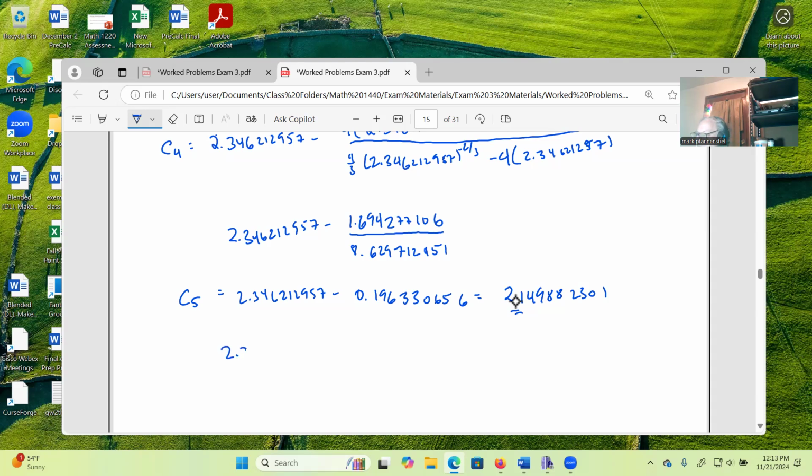We had 2.346212957 minus, and then we had this whole thing being minus, this was 0.0104, okay, 41028. It's changing in the second decimal place, so we're almost there.